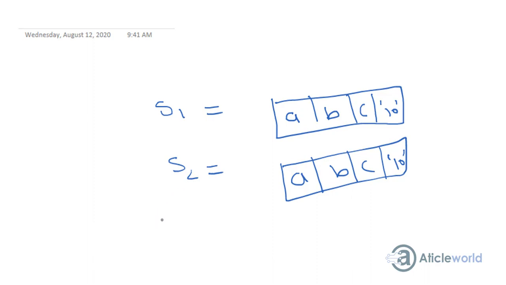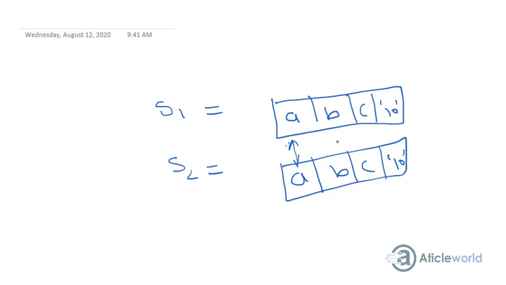Because string compare compares the strings character by character, it will start comparing from the first character. First it compares this index and finds that both characters are equal.